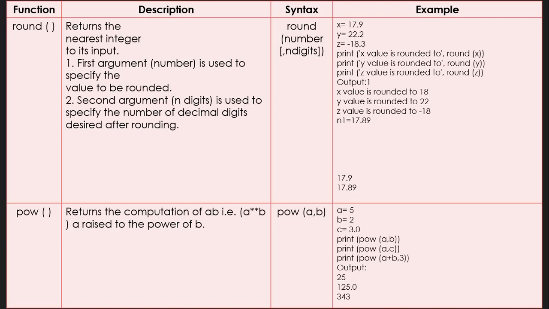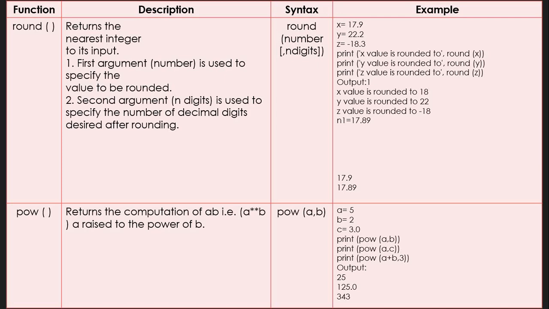The second one, n1 comma 1, you want only one decimal digit, so it prints 17.9 because it rounds 17.89 to 17.9. The third print statement says n1 comma 2. You want two decimal digits after the decimal point, so it prints 17.89. So this round function has two forms: you can pass just one parameter and get the value rounded, or you can pass two parameters and get the number of decimal digits as you desire.